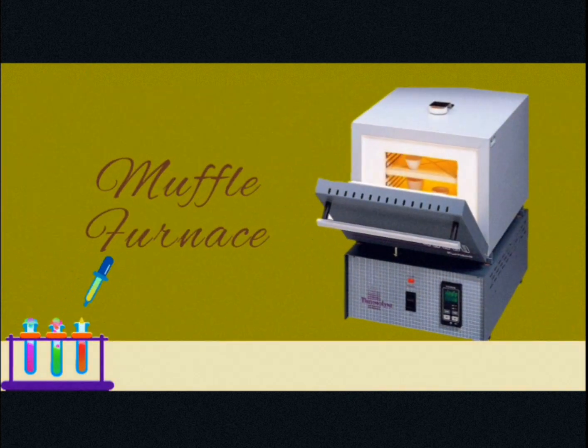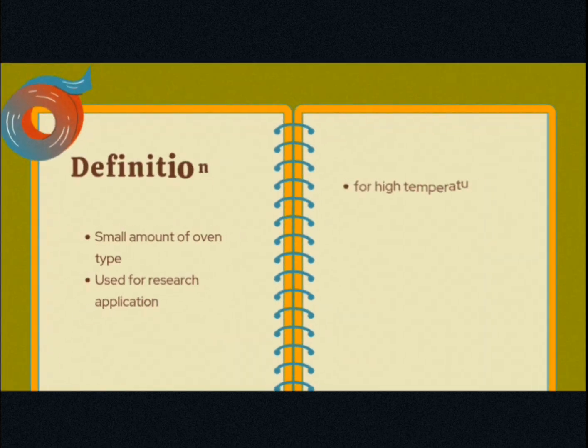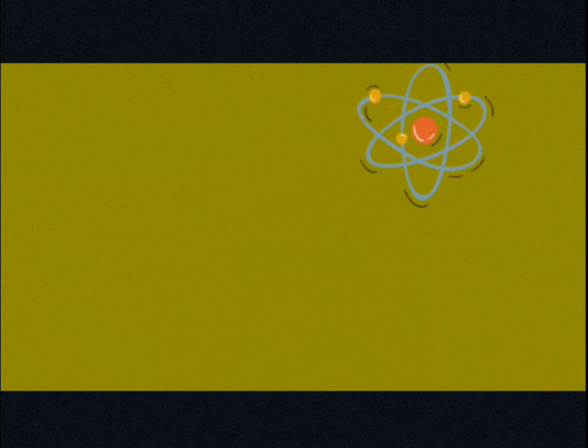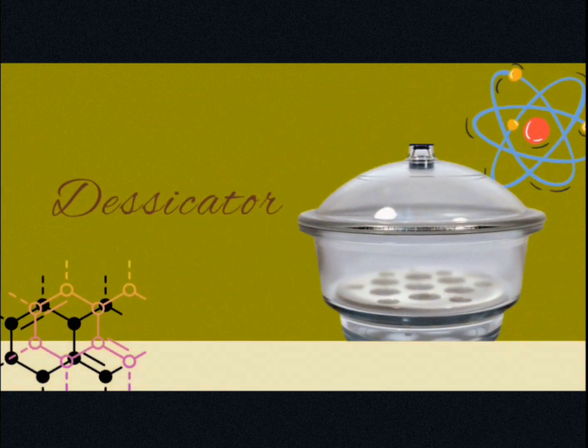The next one is the muffle furnace. It is a small oven type used for research applications, for high temperature testing such as loss on ignition or ashing. The next one is the desiccator.